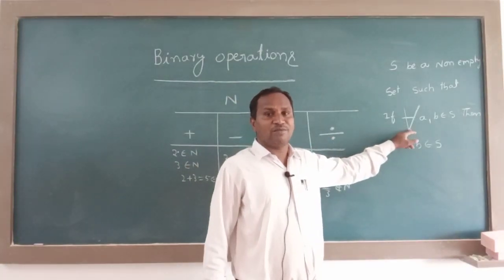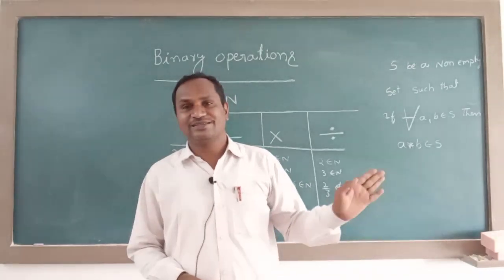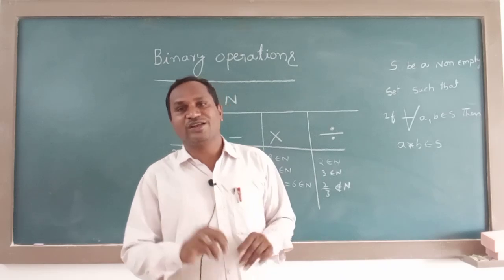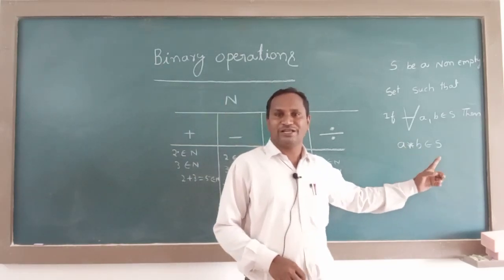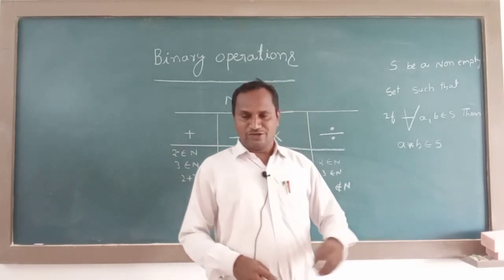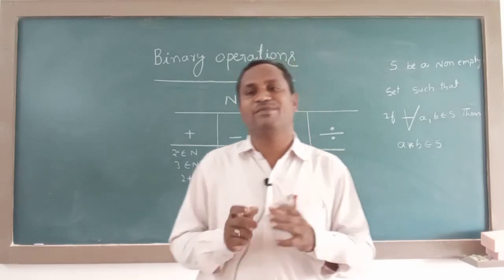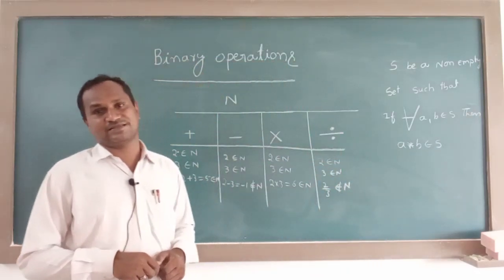If you remove 'for all', you can select some two elements only, and the definition exists for only those two elements. If you put the symbol for all, for every, for each, it means for every two elements from that set. In that case only the definition will exist.